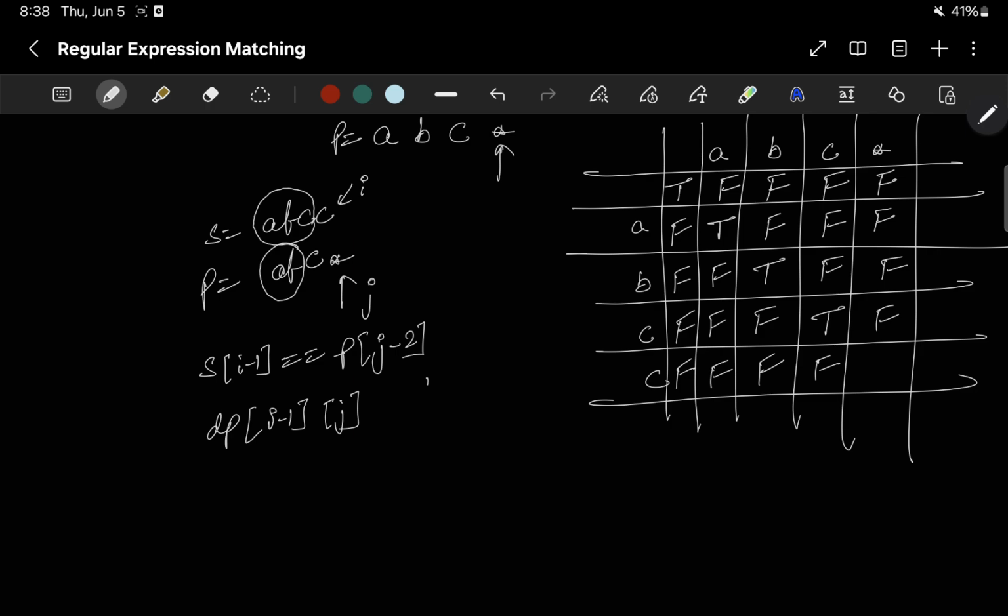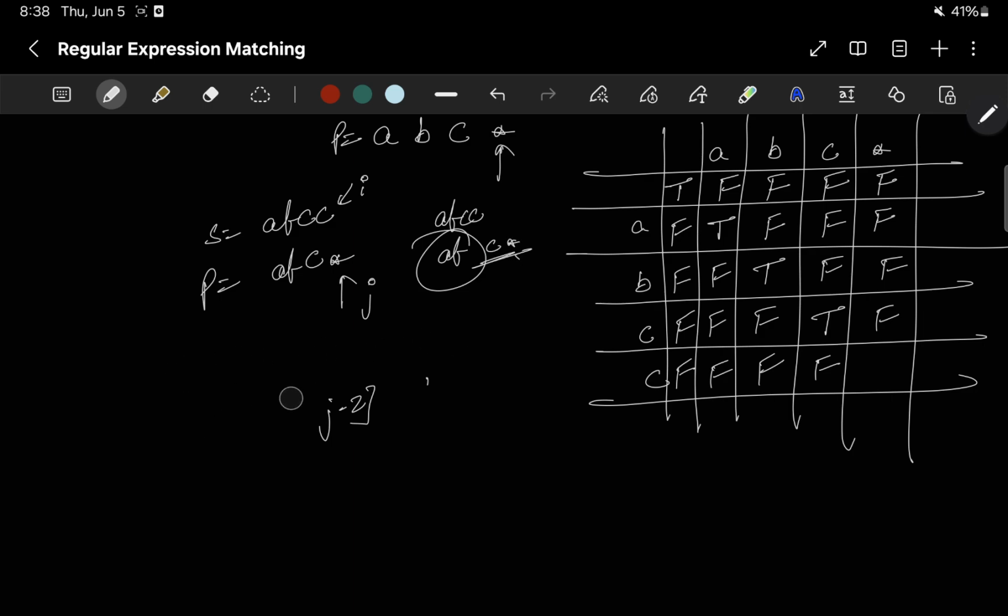Sorry, not I minus 1 j. If dp of I, because I will be completely there, and j minus 2. Why I and j minus 2? Because you may want to try to match A, B, C, C with A, B. So this is the condition when you consider that C does not occur at all.